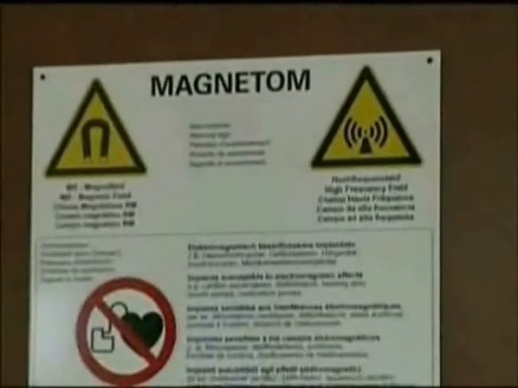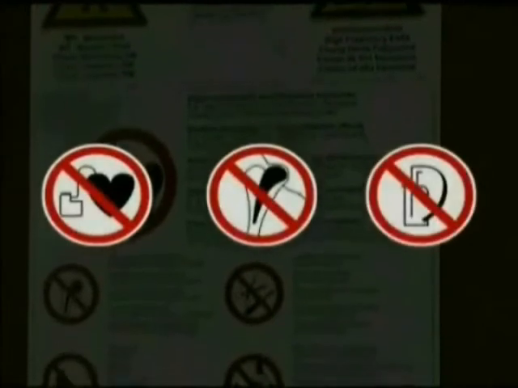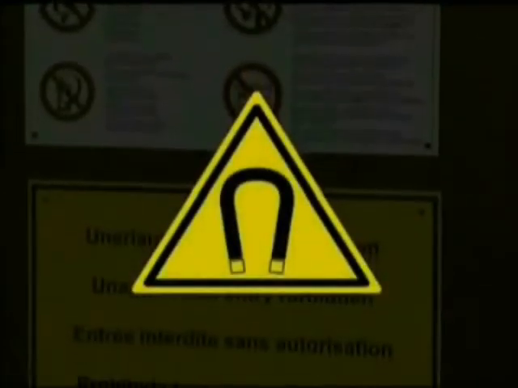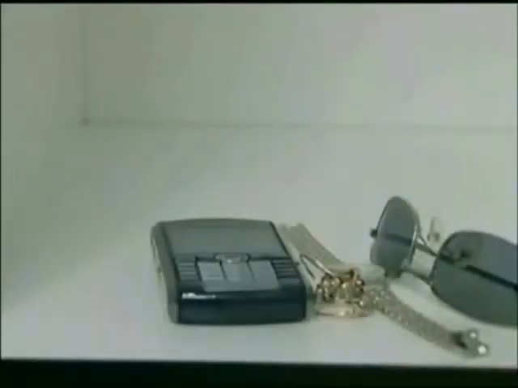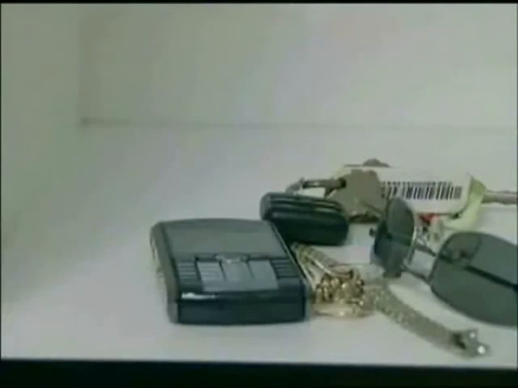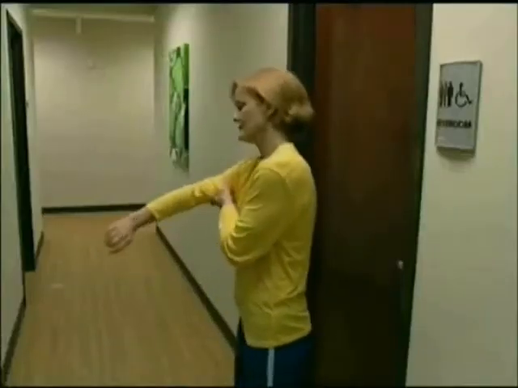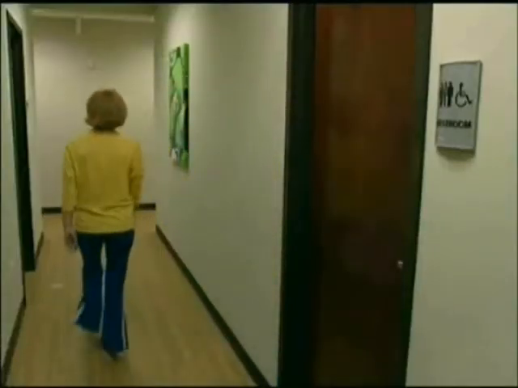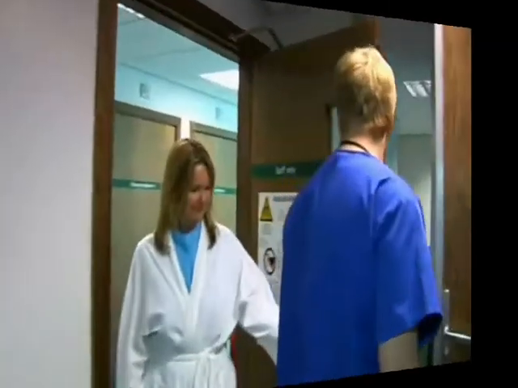For instance, patients with metallic foreign bodies or surgically implanted devices like cardiac pacemakers and aneurysm clips are not eligible. These devices may be adversely affected by the magnetic field. Objects containing ferrous metals will also interfere in obtaining a good MRI image. Therefore, it is advisable to wear a sweatsuit, pants, or a garment provided by the imaging facility.